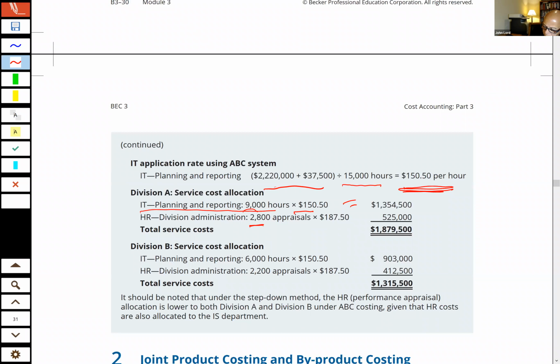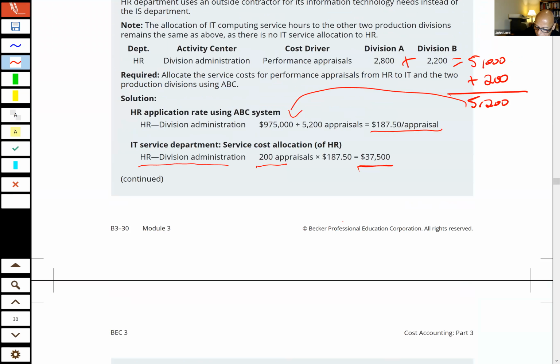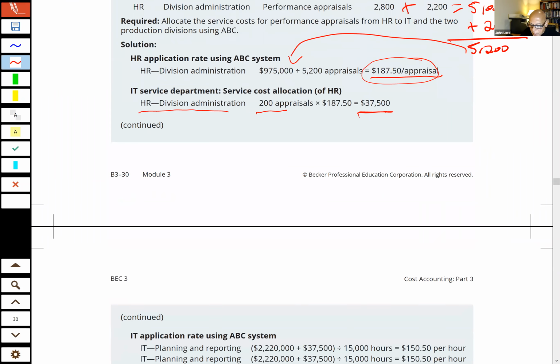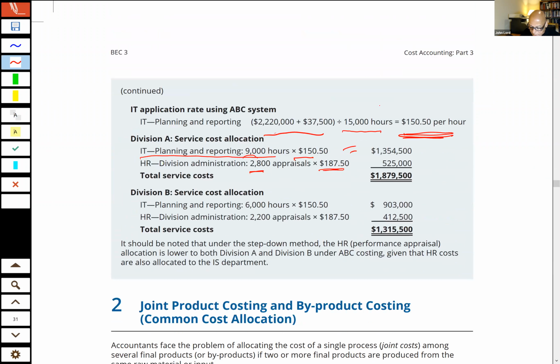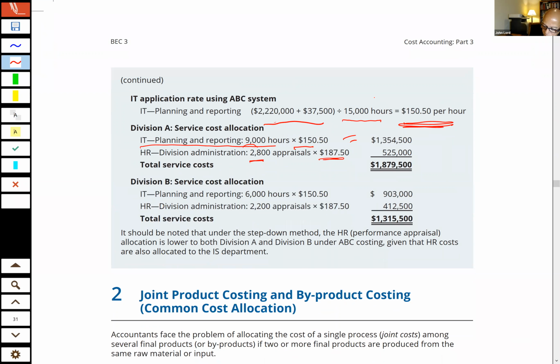And for the 2,800 appraisals, we have this 187.50, the number that we recalculated when we brought in the cost of those additional 200 appraisals. That gives me the 187.50 per appraisal that I use for the appraisal cost for Division A, and I do the same thing for Division B.